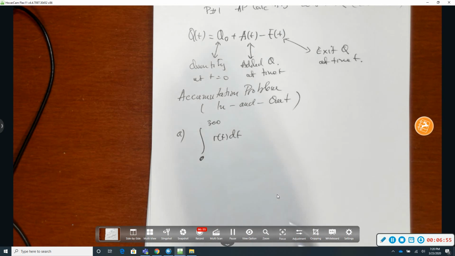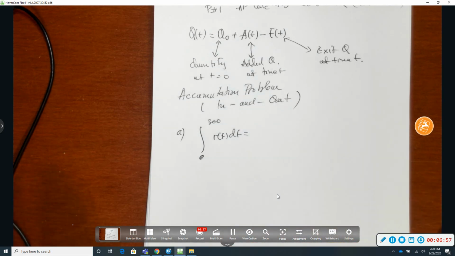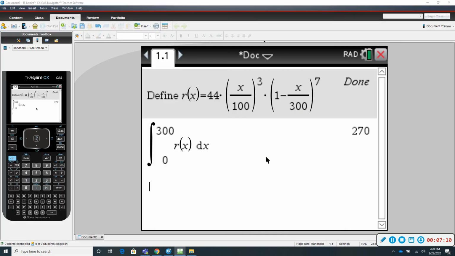Now, because this is a complicated integral to get by hand, I'm going to use a graphing calculator to estimate it. Here is my graphing calculator. In my graphing calculator, I have defined a function, r of x. I could have said r of t, but it doesn't really matter how we name the variable. The quantity will be pretty much the same.